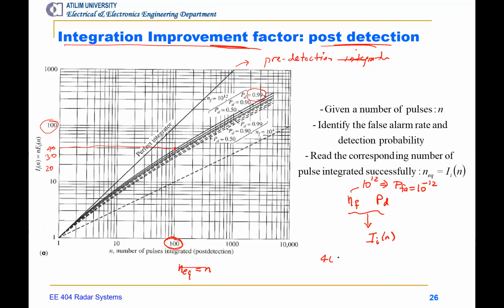So only 40 pulses out of 100 will be integrated. So the integration improvement factor here simply is dependent on the number of false alarms and the probability of detection. Once we choose the probability of detection and number of false alarms, we can determine the integration improvement factor.